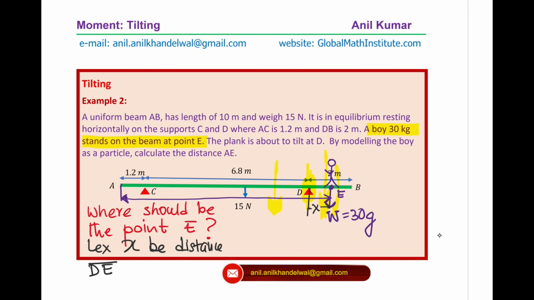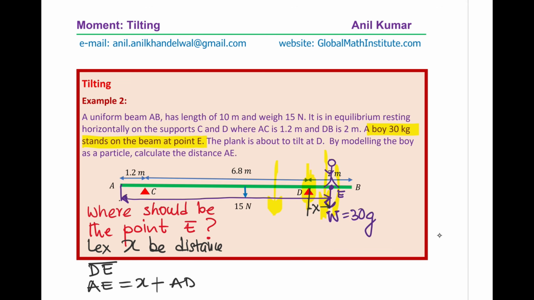So I'm taking x as the distance D to E, and I know very clearly that AE will be equal to x plus A to D, which is simpler to calculate. So x plus AD, where AD is 2 less than the total length of 10 meters, so it is 8 meters. You get the idea. So this distance is 8 meters.